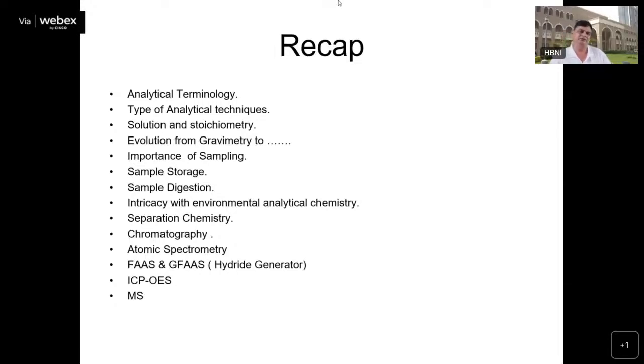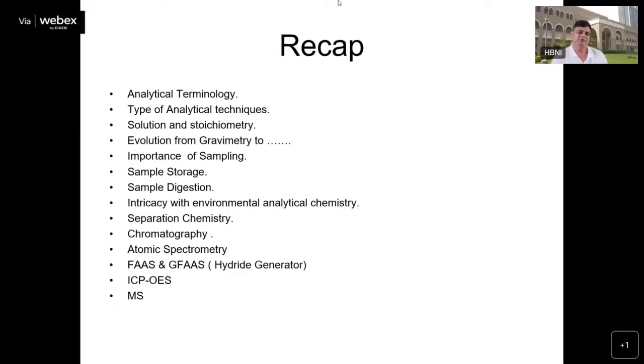Then we have discussed the importance of sample storage. Sample storage, I told you, is very important. Again, it's a very crucial step, because of the transporting and storing. It's not always possible that you collect the samples and do the analysis on site. It is not possible in most cases, although there are certain cases where portable instruments are there, so analysis can be done on site also.